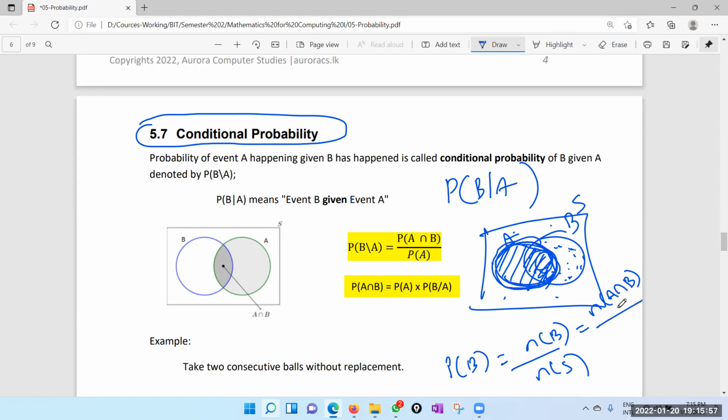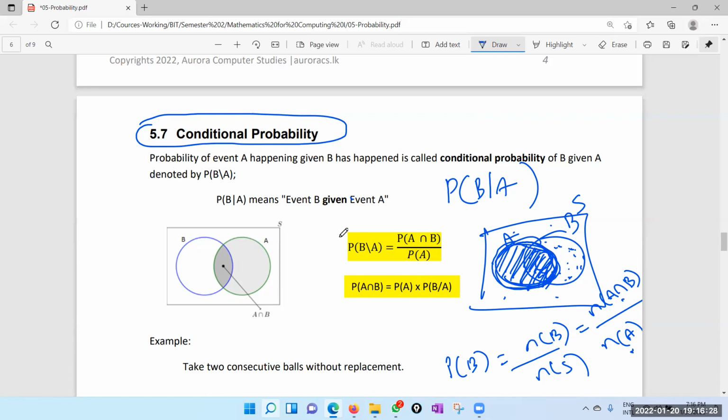And your NS is also now different because usually it's the sample space, yes. But now they say A has happened. If A has happened, your sample space is narrowed to NA, right? Now if you divide both numerator and denominator by NS, this is N of A intersection B divided by NS, that is P of A intersection B, and NA divided by NS is PA.